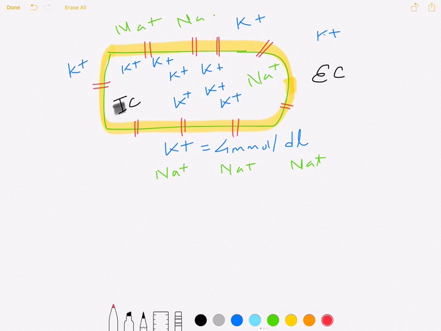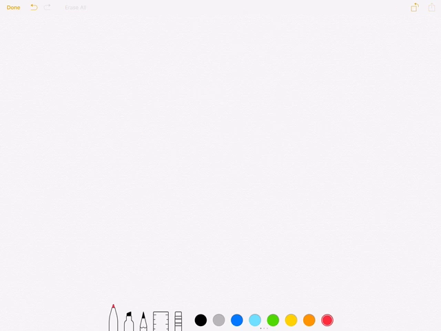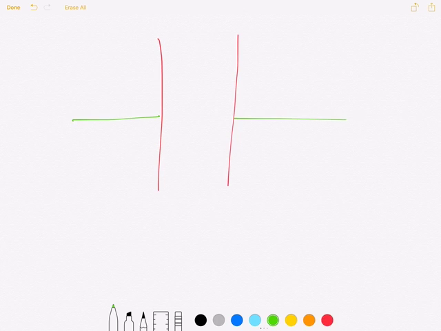There's one thing important about the channels. If this is a channel in the cell membrane, which we discussed is a lipid bilayer surrounded by a fatty membrane, channels can be complicated and can have a very complex structure.